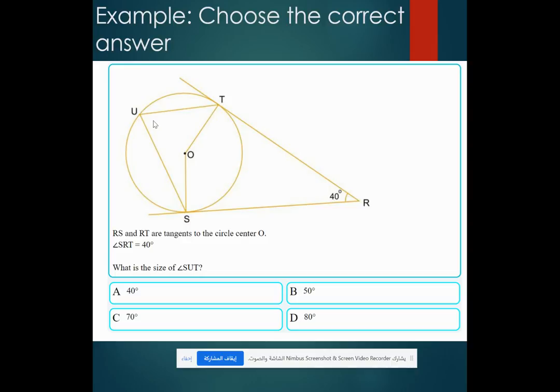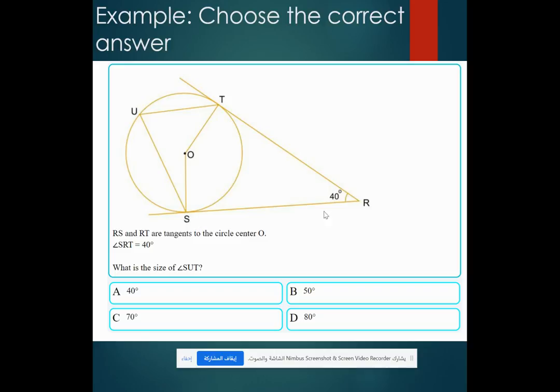SUT, which is that angle. It is an inscribed angle, which is a circumference angle in another way. And the relation between the inscribed angle and the central angle is the half. The inscribed angle measurement is half the central angle if they share the same arc.